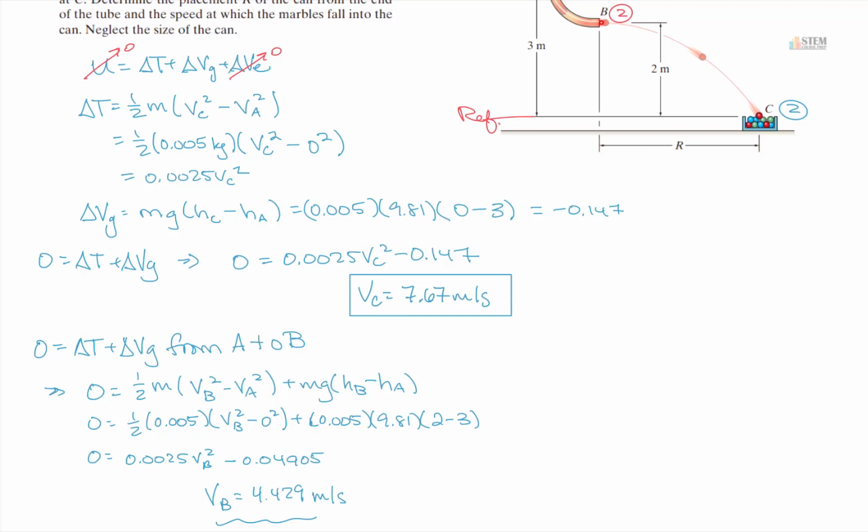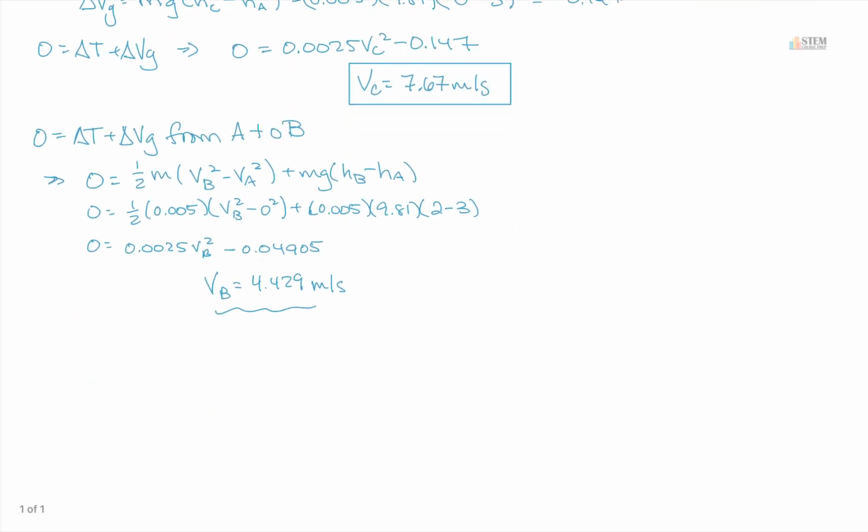Notice when the marble comes out, the velocity is going to be in the x direction, so keep that in mind. Let's write a little note here. We're going to use kinematics to find R. The equation that we have is x equals x naught plus v naught in the x direction times t plus 1/2 ax t squared.